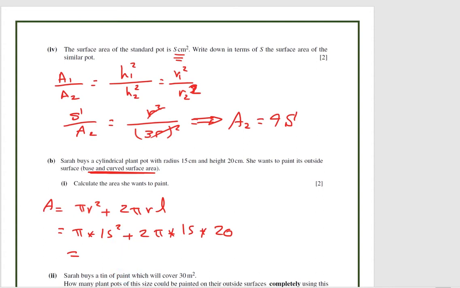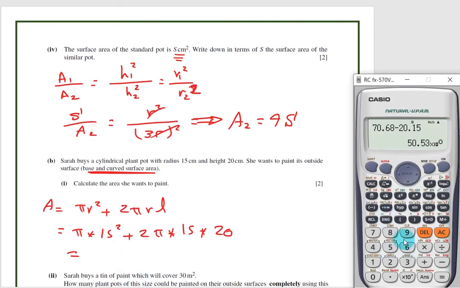So the area that she would like to paint will equal pi by 15 squared plus 2 pi by 15 by 20.